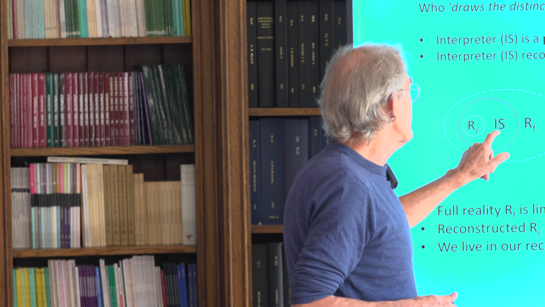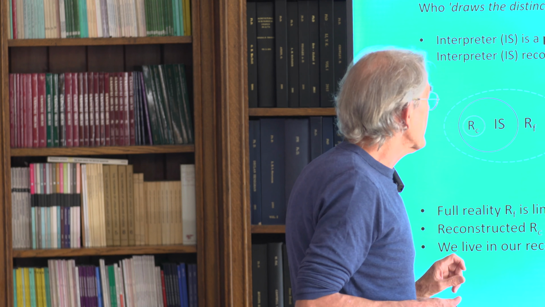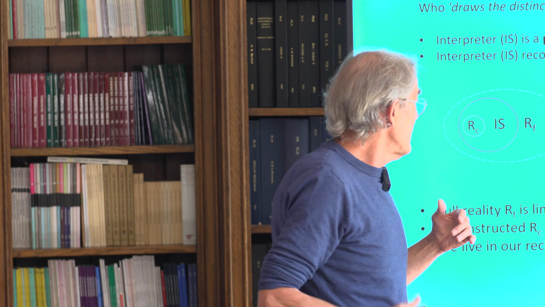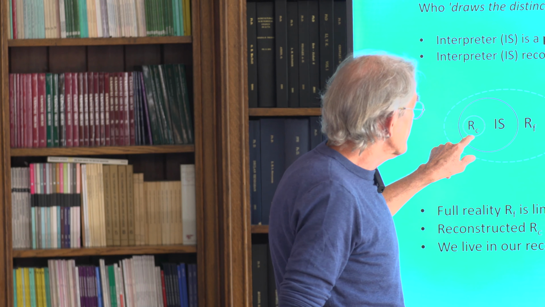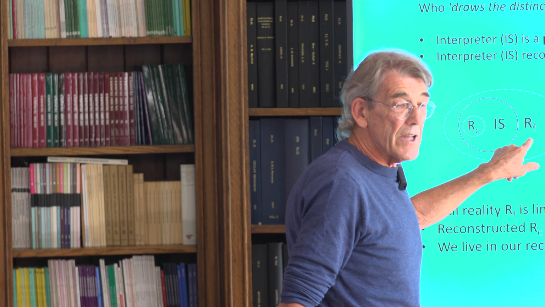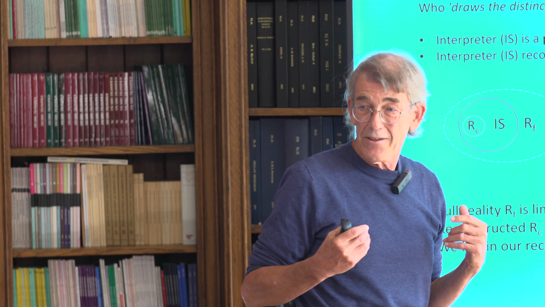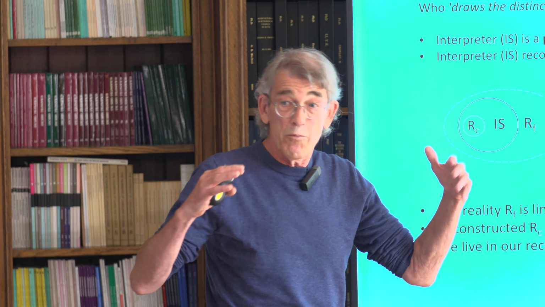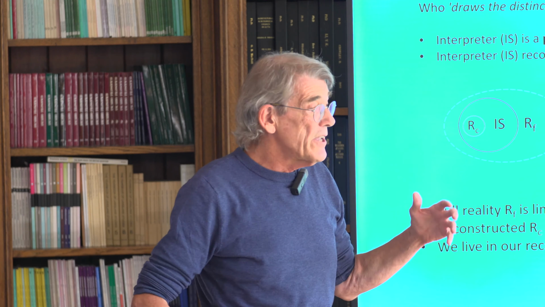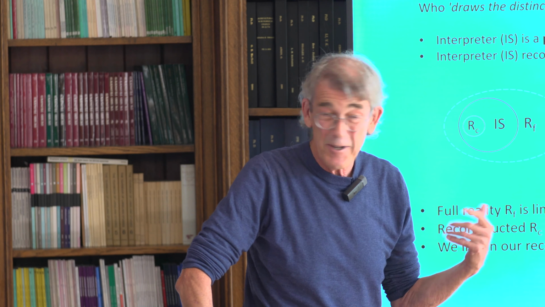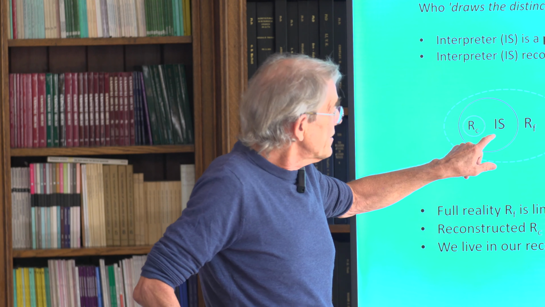So the interpretive system is the one who looks at reality and makes the macrostate in his head. And he reconstructs what he sees. If I see now this room, it is just a reconstruction in my head. At the same time, the room really exists. So if I would not believe this, I would be a solipsist. I'm not.